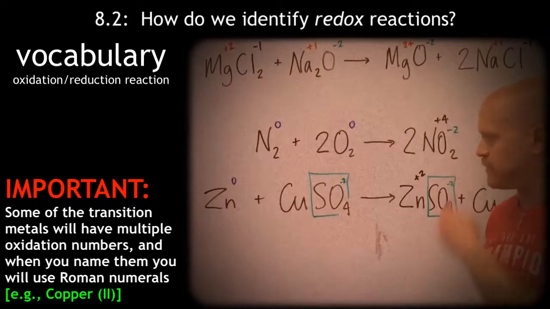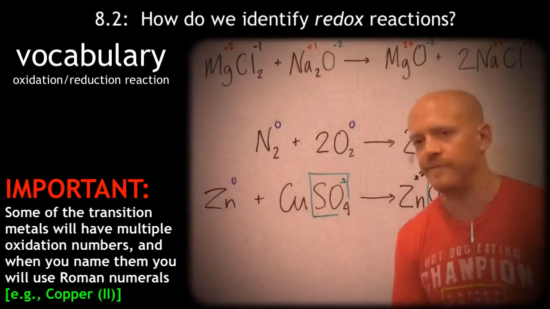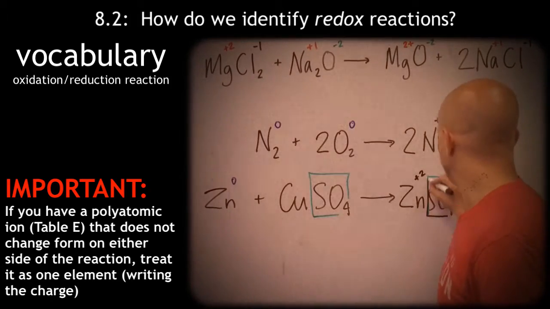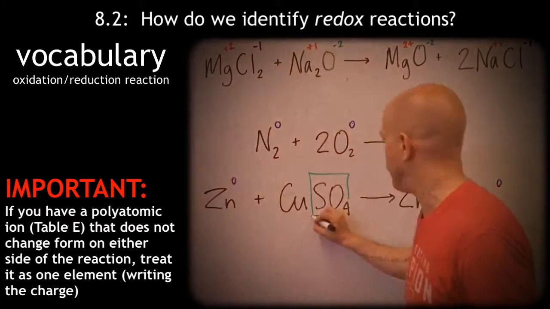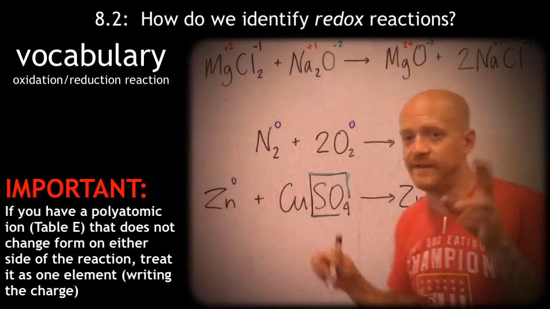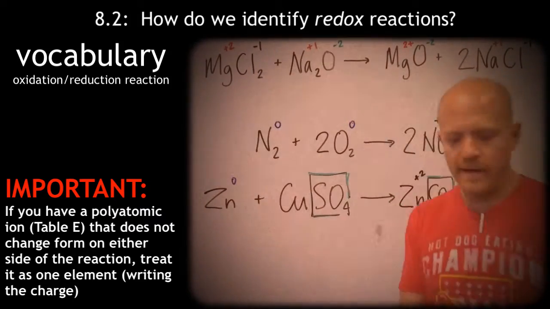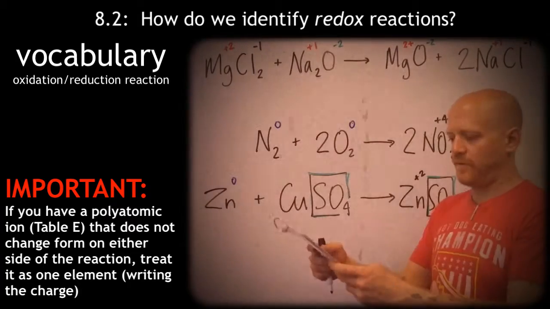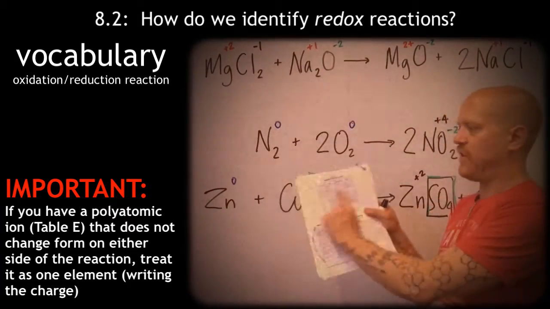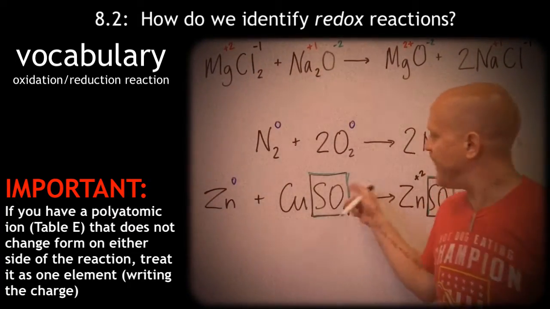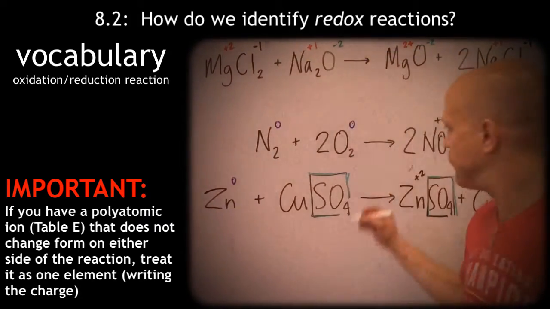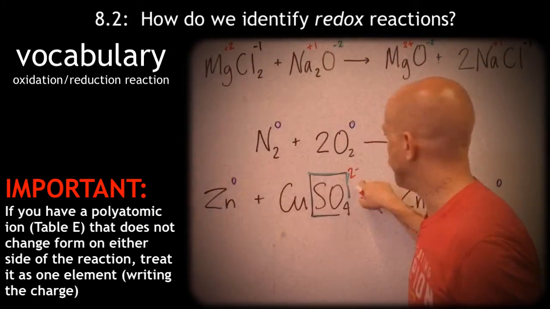Now, how do we determine which one this is? Copper 1 or copper 2? I don't want to figure this whole thing out. Let's just treat this sulfate as one item, like it's one element. I'm going to look at table E, which has all the polyatomic ions. If I look at the charge of sulfate, SO4, it's 2-, -2 charge.